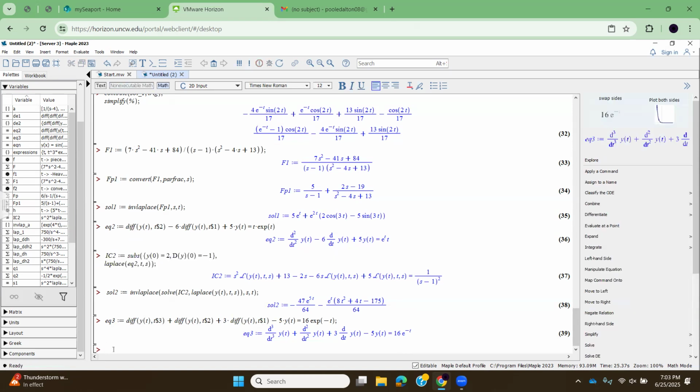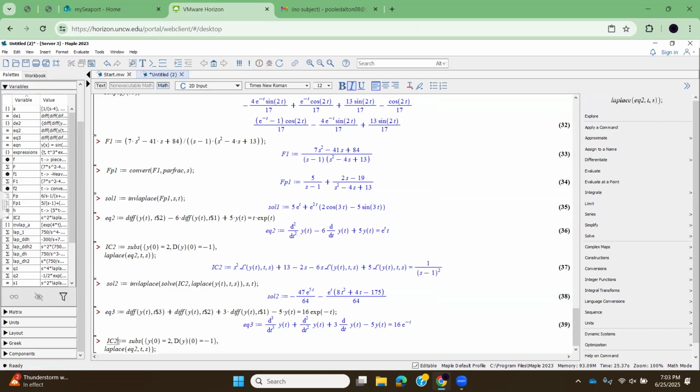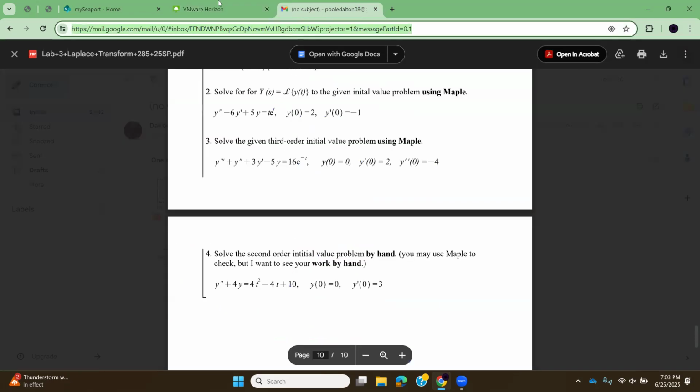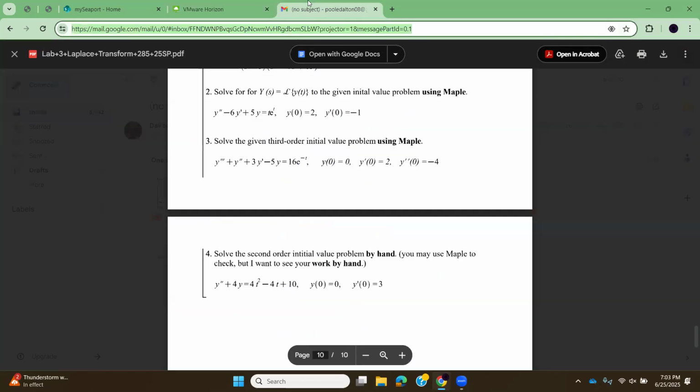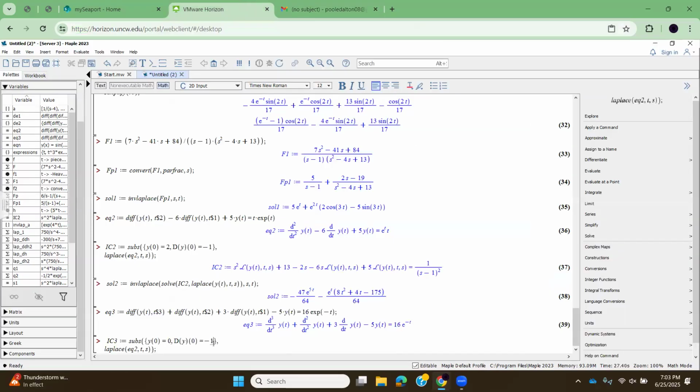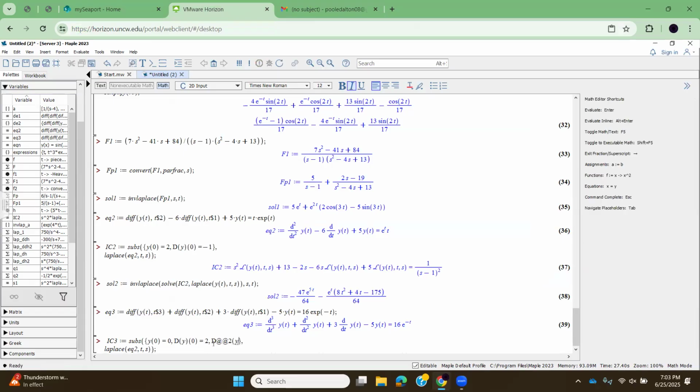So at this time, we'll call it IC3. And we have different initial conditions. Now we got y0 equals 0, so that is going to just go to 0. And we've got y prime of 0 equals 2. So this becomes 2. And then the next one is going to be, I believe, d at 2 of y.